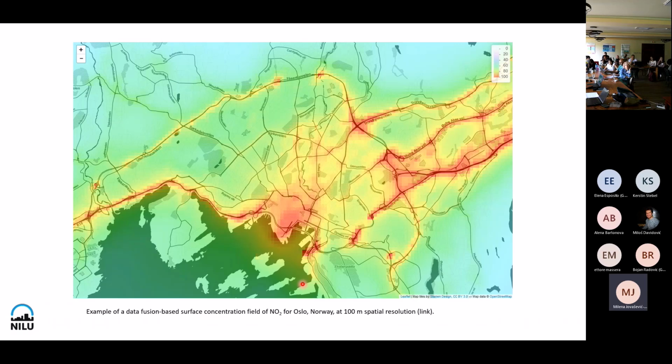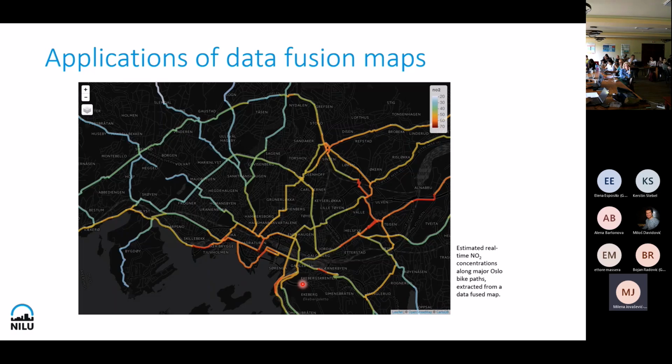We get maps like this. These are all examples for Oslo, where we have high pollution levels along the roads and the center of the city, for example. With these maps, we can extract things like the pollution levels along a bike path, because we were interested in giving information to bicyclists, and also giving more targeted information to specific user groups.